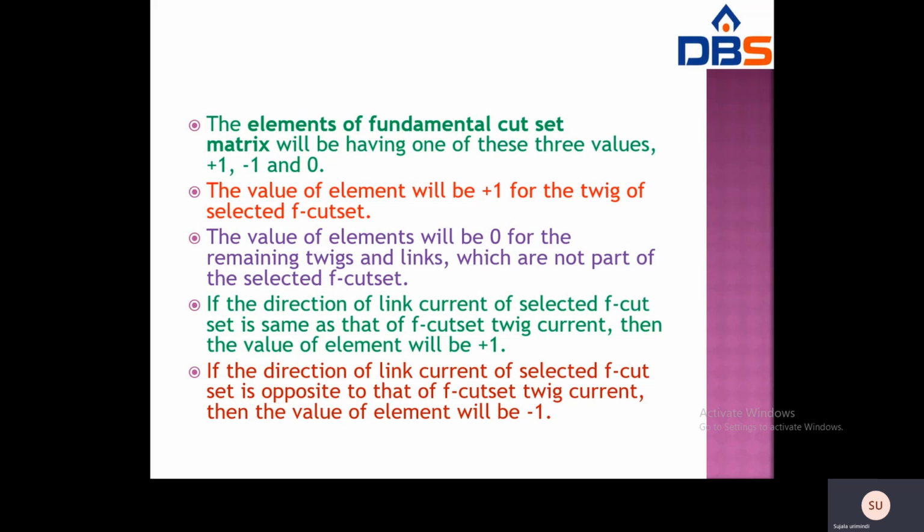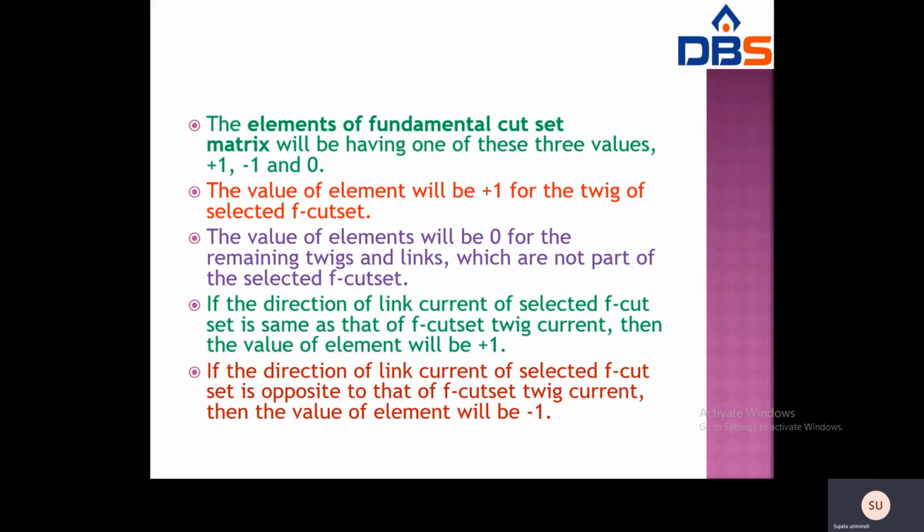If the direction of the link current of the selected F cut set is the same as that cut set twig current, then the value of the element will be plus 1. If the direction is the same, put it as plus 1. If the direction is opposite, then put it as negative.